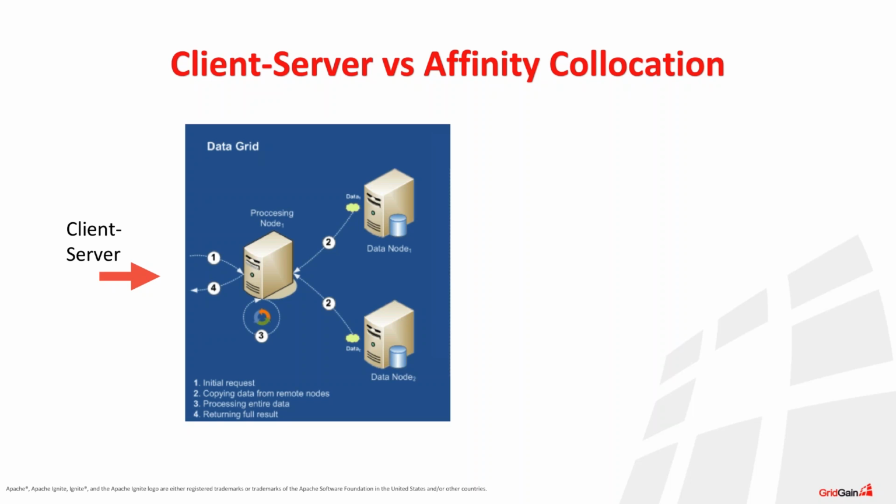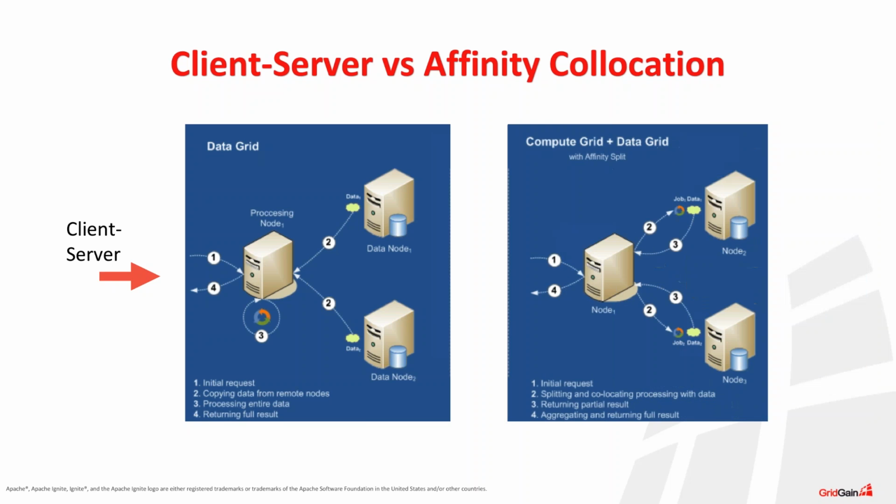Like on this picture, if you want to get some data from one of the data nodes, then do some processing and save it back, you will send this value through the network between data node and the processing node 2 times. And if the value is pretty big, this will take a lot of time.